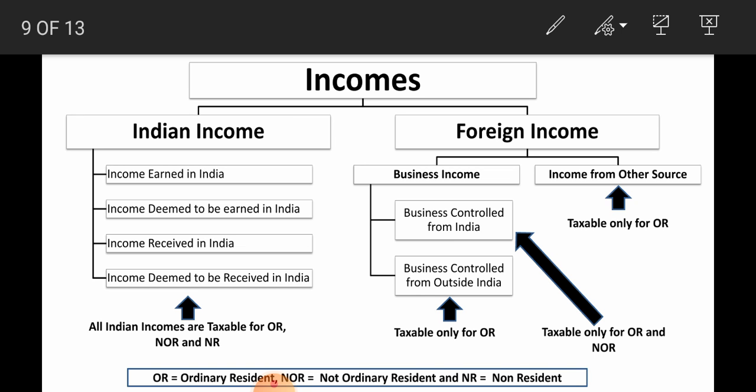First, ordinarily resident will pay tax on all types of incomes in India. Non-resident will pay tax only on Indian incomes in India. Not ordinarily resident will pay tax only on Indian incomes as well as the foreign income where the business is controlled from India. Clear?